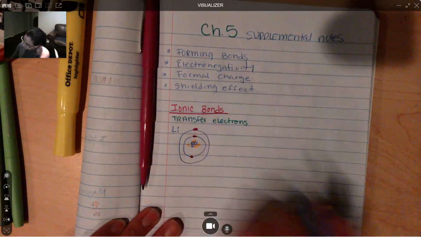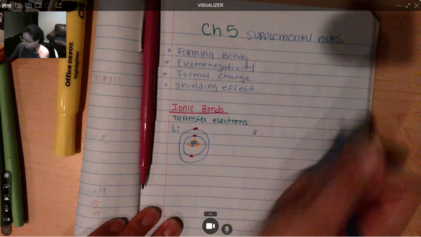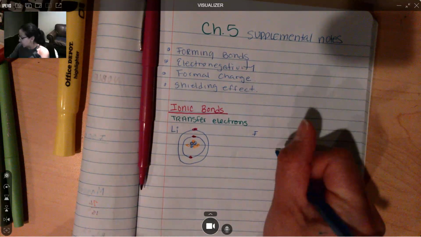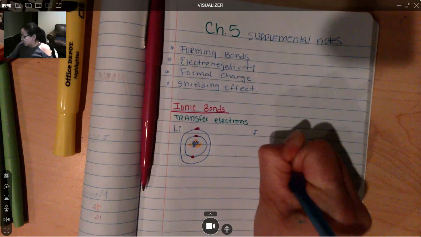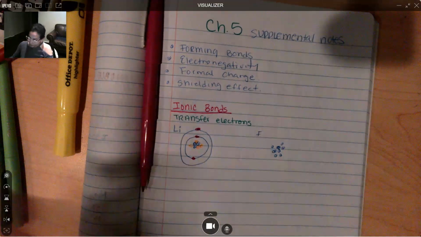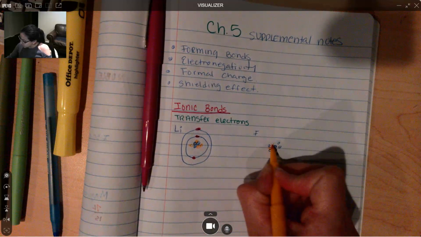Lithium, and we're going to combine it with fluorine. Okay, so fluorine is 9. So let's go ahead and do 9 protons. 1, 2, 3, 4, 5, 6, 7, 8, 9. And let's give it some neutrons.